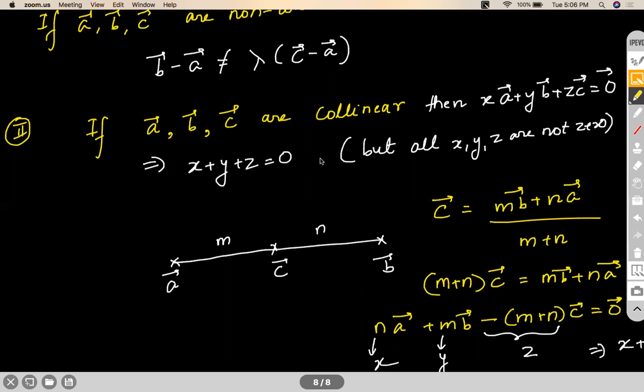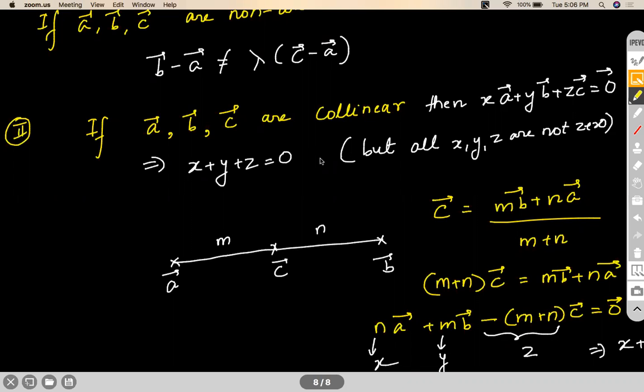Sir, but then if we take C as 0, then we'll get NA plus MB equal to 0, which just gives us that A and B are collinear. Yes, A and B are collinear. Okay, that will give us that it's in the same line.